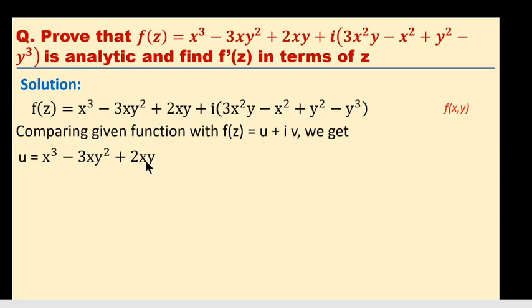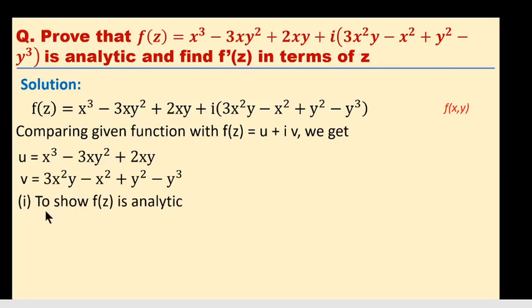The real part is that part of the function which is not multiplied with i. We also get the imaginary part of the function, which is v, which is equal to 3x square y minus x square plus y square minus y cube. Imaginary part is that part of the function which is multiplied with i.